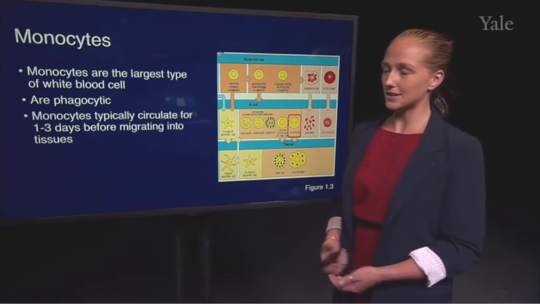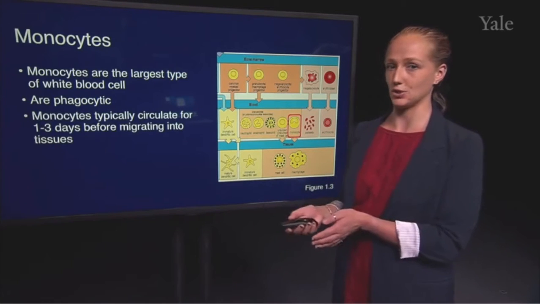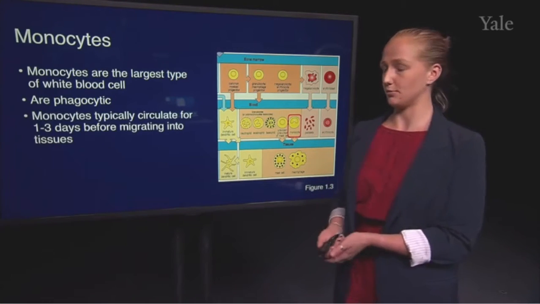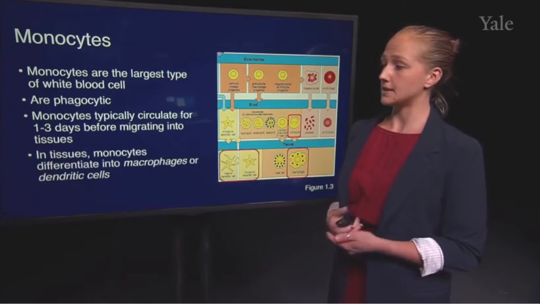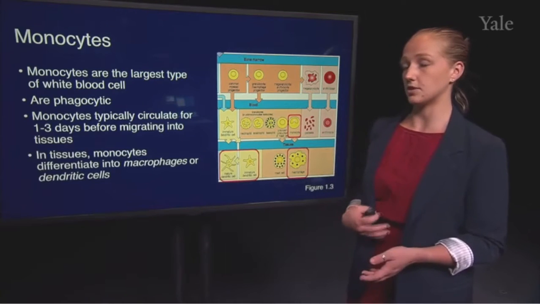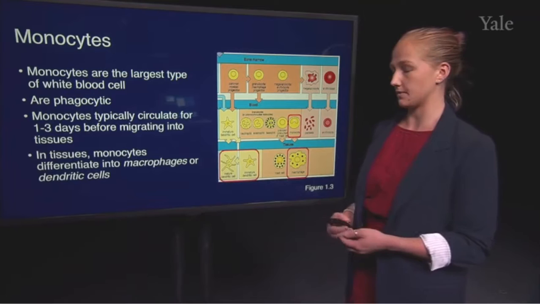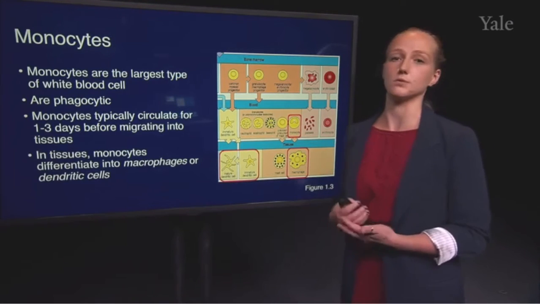They usually circulate within the blood for about 2 to 3 days before they migrate into tissues. Once they enter into tissues, these monocytes will differentiate into two other subsets of phagocytic cells called macrophages, or they'll develop into dendritic cells.